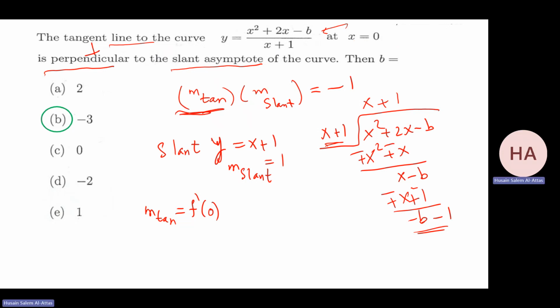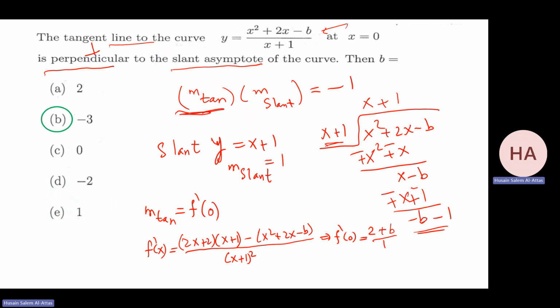What is f prime at x? f prime at x will be 2x plus 2 times x plus 1 minus the derivative of the denominator, which is 1, times the numerator, over the denominator squared. So what will be f prime at 0? You can do it quickly. That will be 2 minus 0 plus 2 times 0 plus 1, which is 2 minus b, over 1. So that will be 2 plus b.